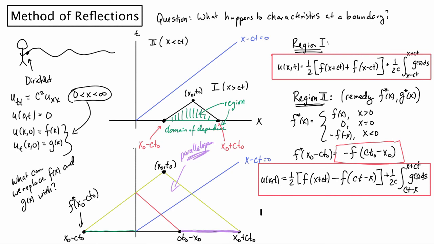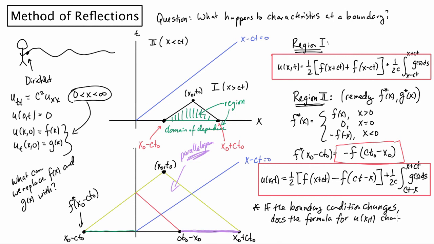If we have a different boundary condition, so if the boundary condition changes, and remember the boundary condition here was the Dirichlet condition, does the formula for u of x, t change? In particular, what do we use? Do we still use the odd extension, or do we use a different kind of extension?